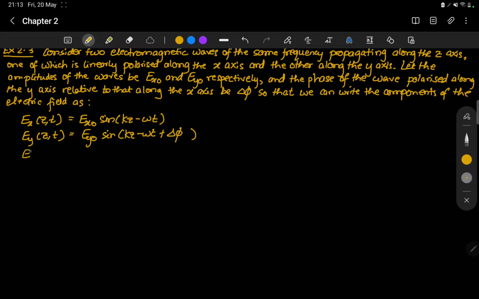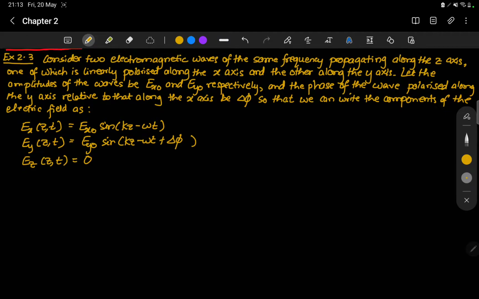And then there is no component along the z-axis. So the z-axis is the direction of propagation, and there are two linearly polarized electric fields along the x and y axes having a relative phase difference of delta phi between them.